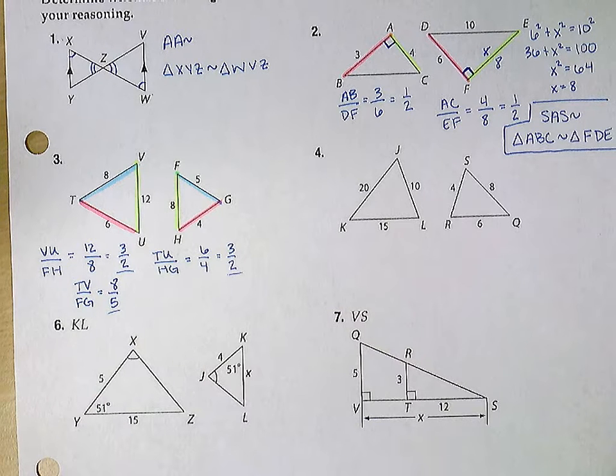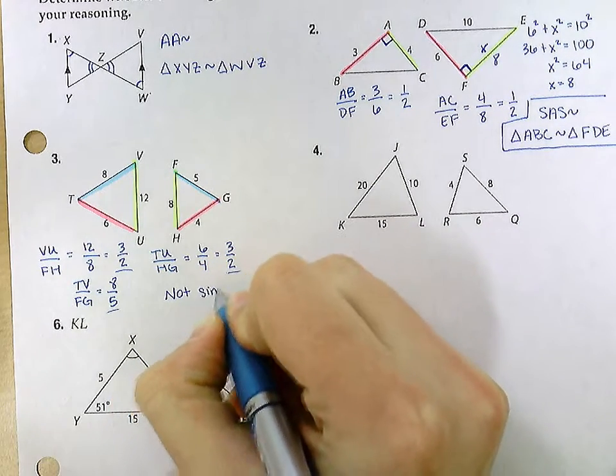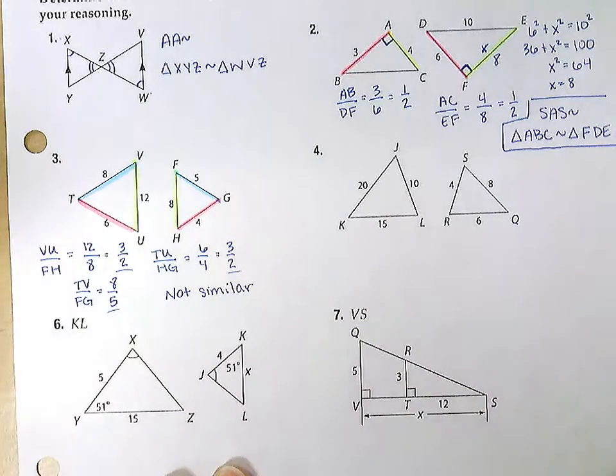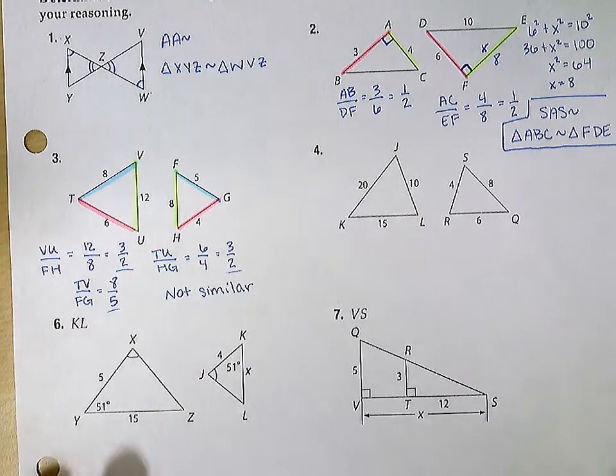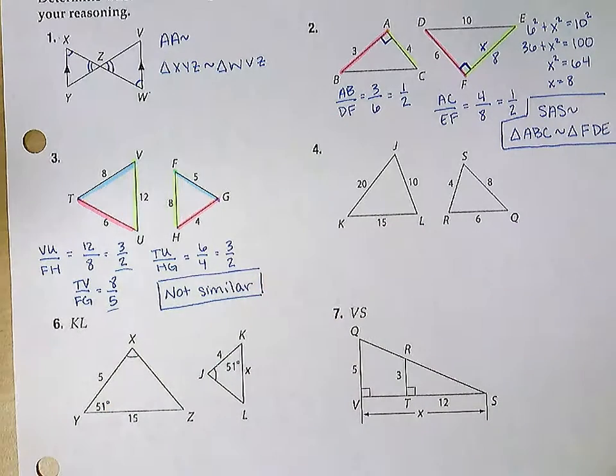No. Since they're not all the same, these triangles are not similar. Okay, so you do need to test those out to make sure your triangles are similar. In this case, they were not.